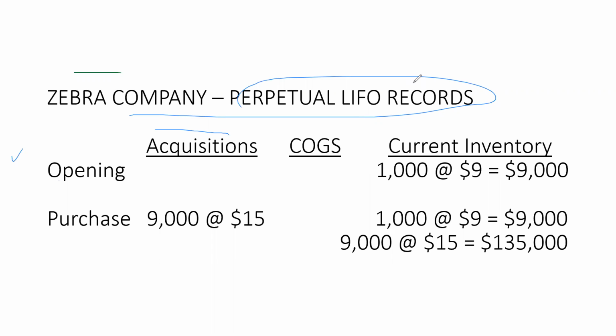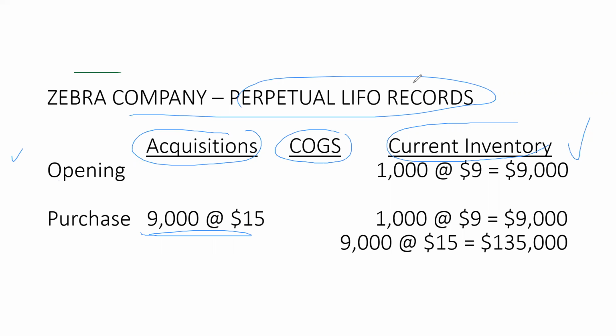We have a column for what we acquire, acquisitions. We have a column for what we sold, cost of goods sold. And we have a column for our current inventory, what's on hand right now. So in this problem, they start out with 1,000 units at $9 a piece, $9,000. Now we're doing it chronologically. So the next thing that happens is they buy 9,000 more at $15.